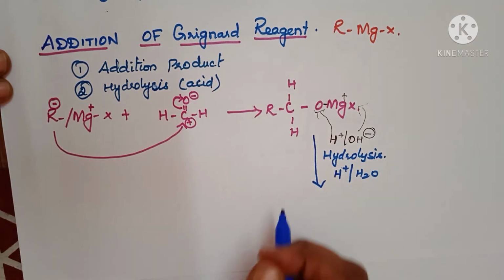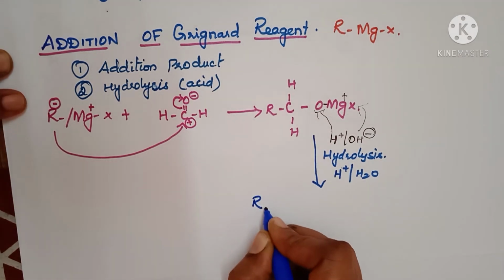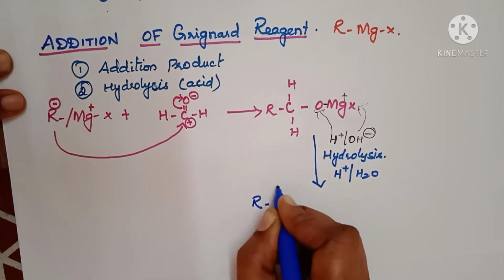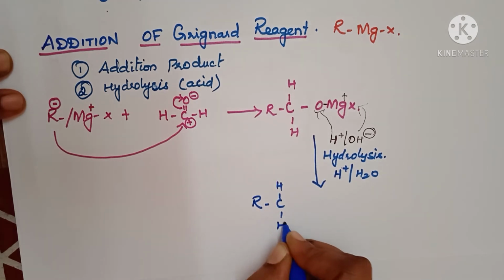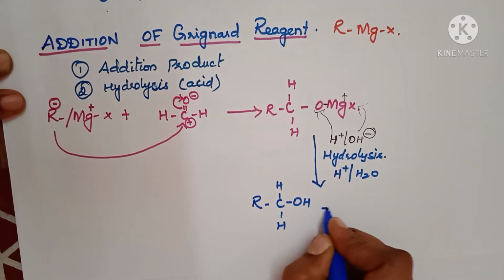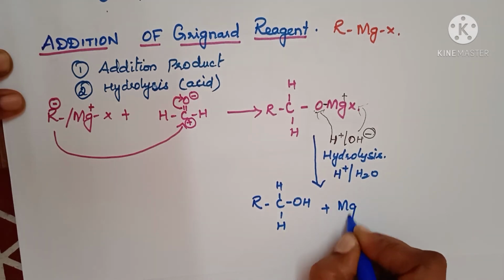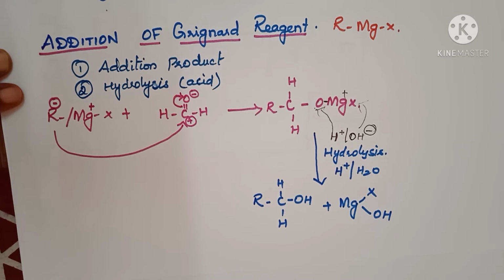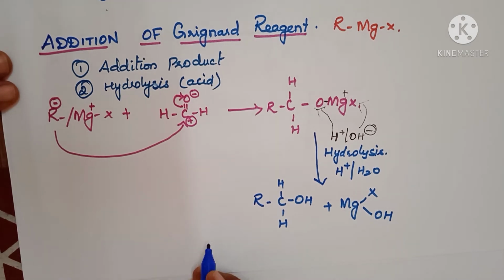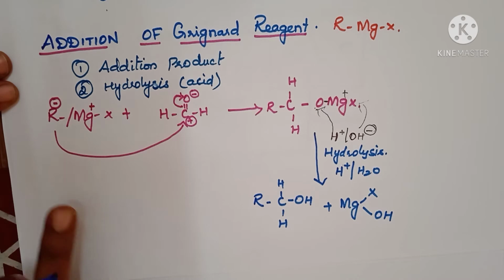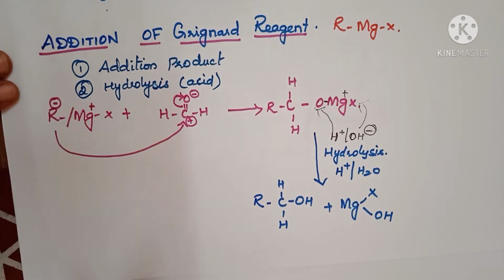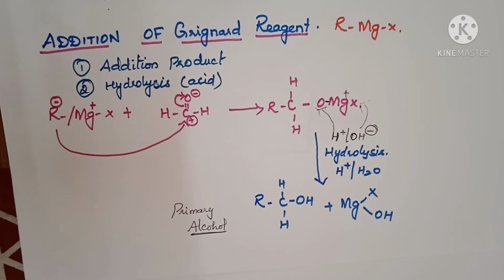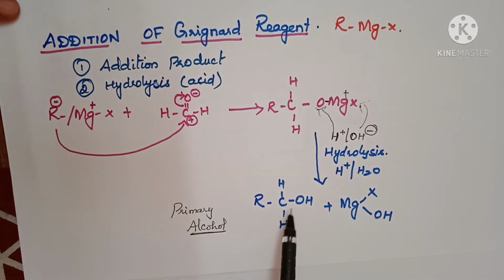So here we have R, CH2, OH, plus Mg with X and OH. Only one halide is there; in place of the other halide a hydroxyl group sits. This is the product of the Grignard reagent with formaldehyde.